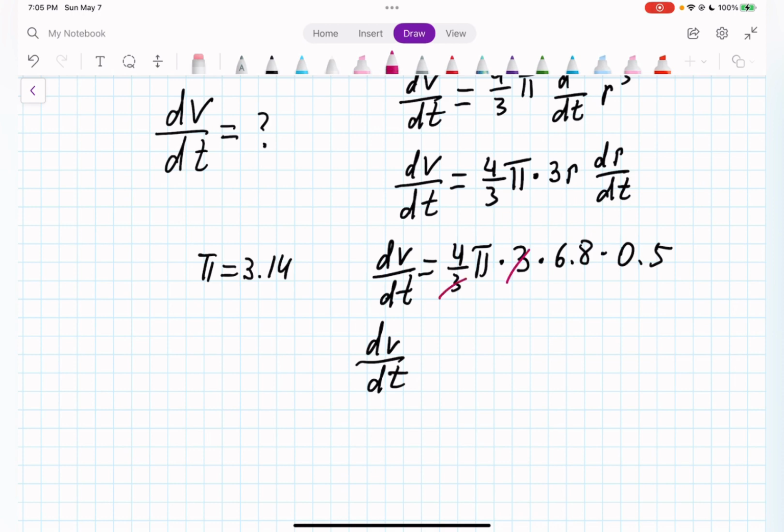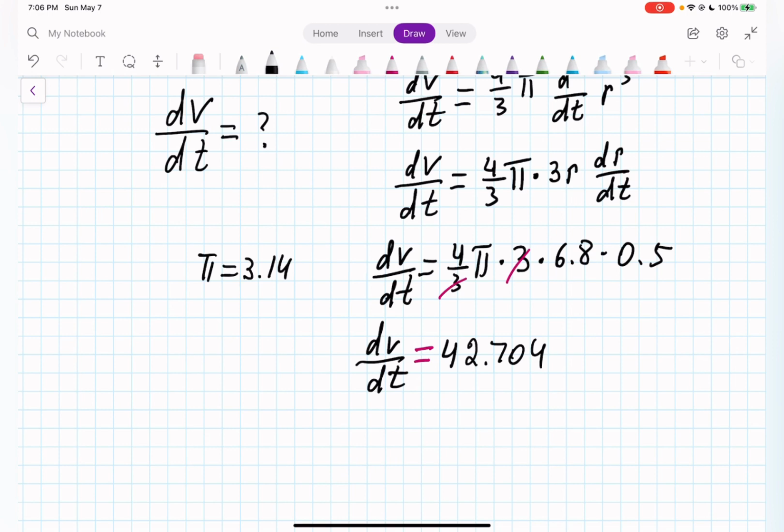Let's do all this multiplication: 4 times 3.14 times 6.8 times 0.5, and we get 42.704.